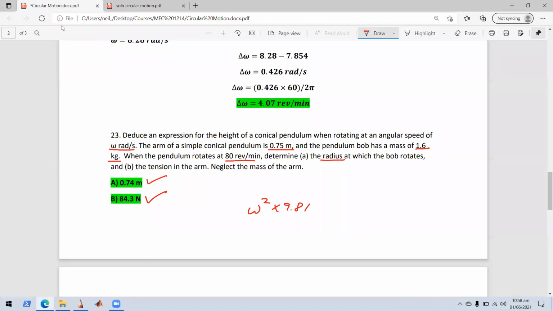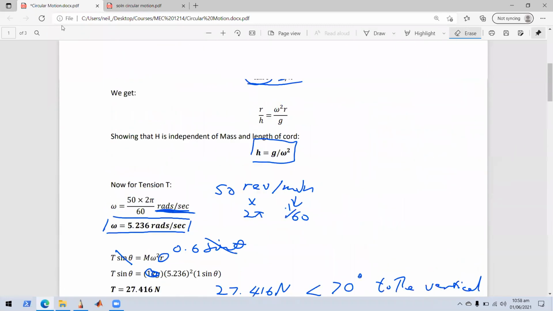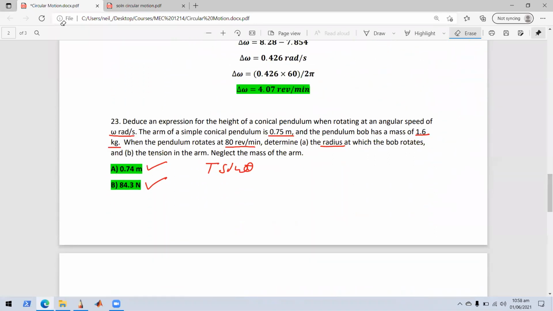You can alternatively just use T sine theta. T sine theta is equal to mass times acceleration, equal to mass omega squared r.